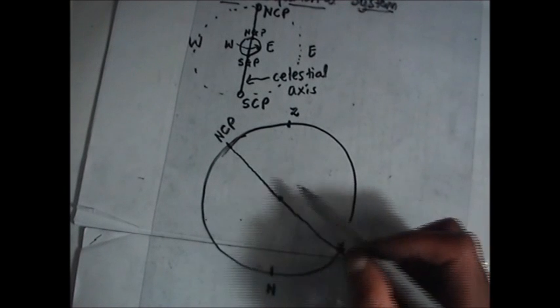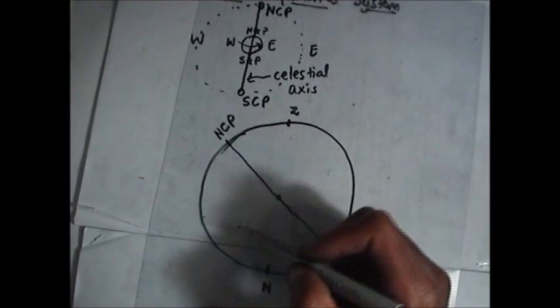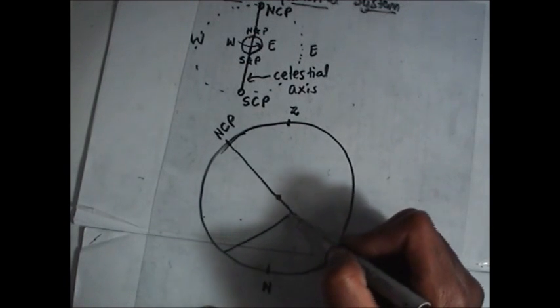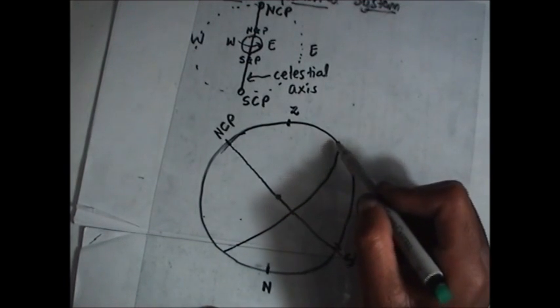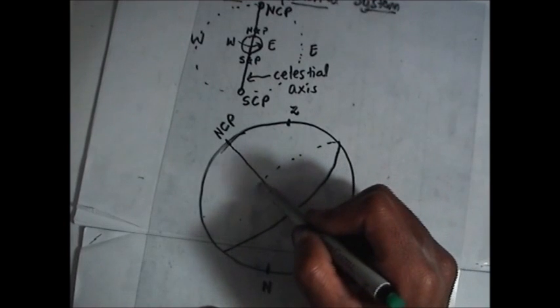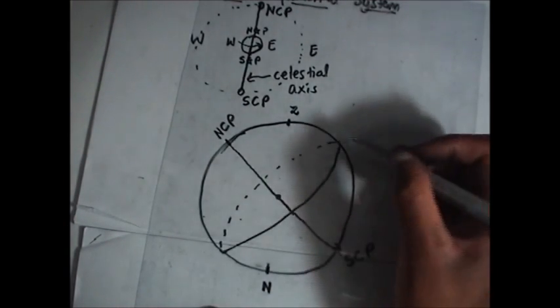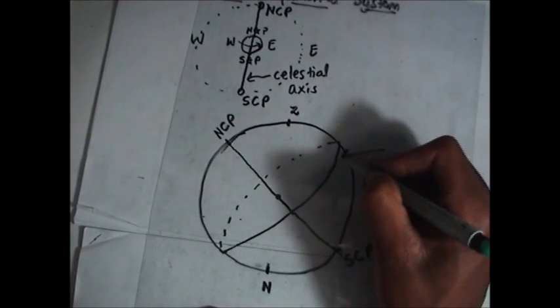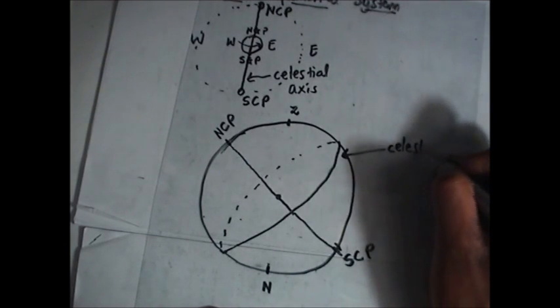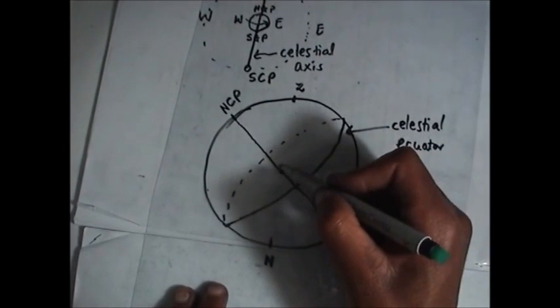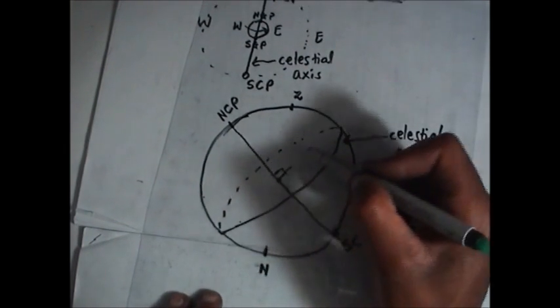And the plane that is perpendicular to this celestial axis gives what is called the celestial equator. It goes right at the back of the celestial axis, and then back in the front like this. This is going to be our celestial equator, which is in a plane that is perpendicular to the celestial axis.